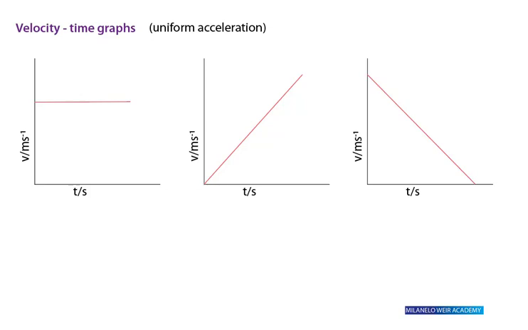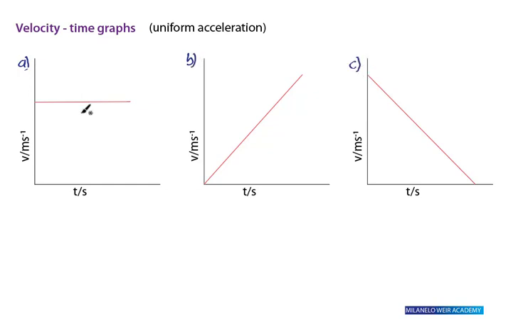How do we know that? If we see a straight line, the motion is uniform motion, right? Uniform acceleration. So let's start with the first graph. We'll call it A. This is B and this is C.